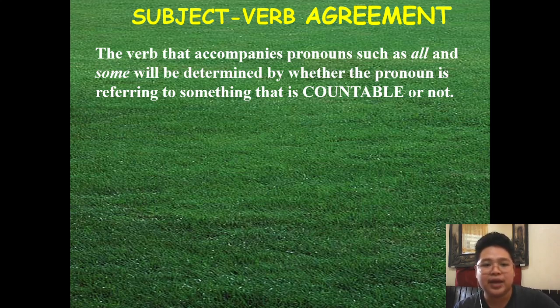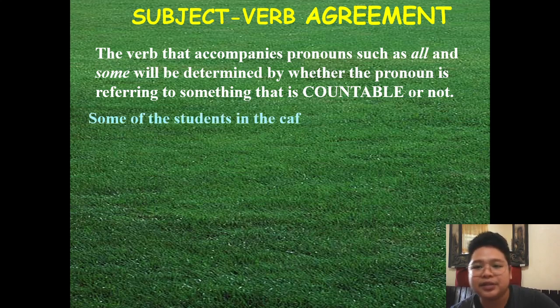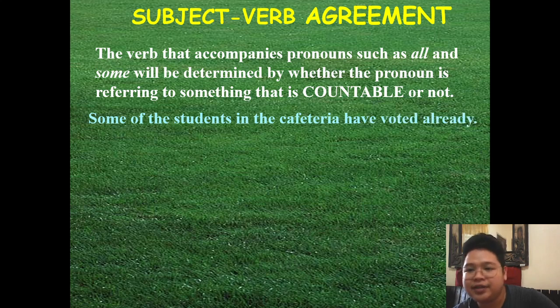Example: Some of the students in the cafeteria have voted already. Pronouns such as all and some will be determined here by whether the noun is referring to something that is countable.